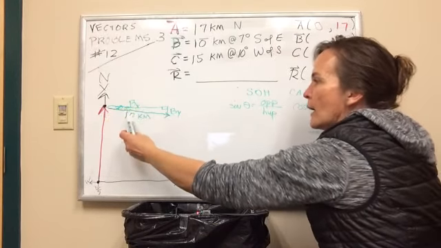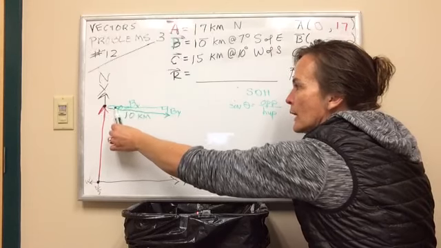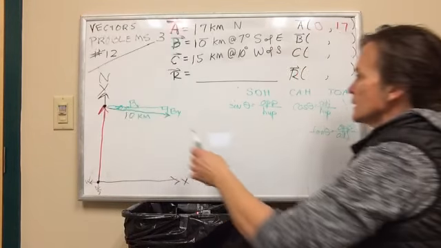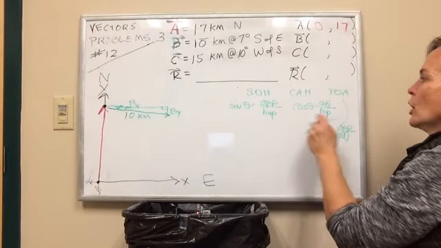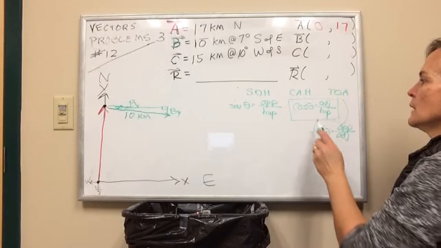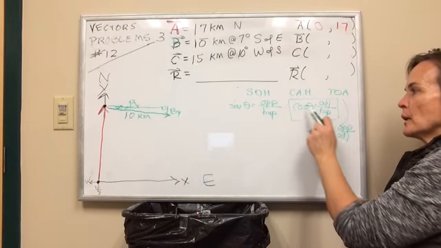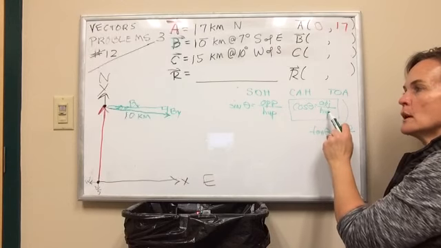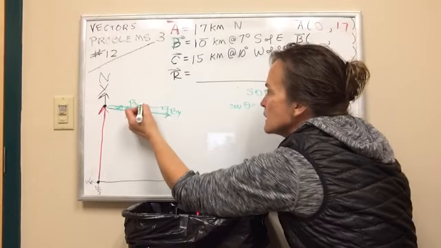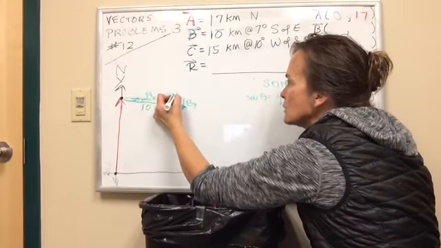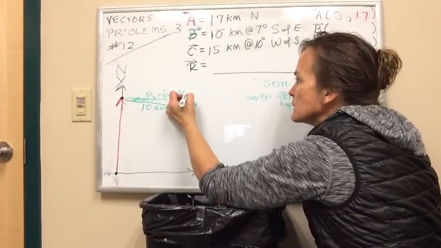So we know the hypotenuse, we know the angle, we're looking for the adjacent. Therefore, we're going to use the cosine formula and solve it for the adjacent side. That's the unknown. So we're going to have the cosine of theta times the hypotenuse. So b sub x here is going to be cosine of 7 times 10.